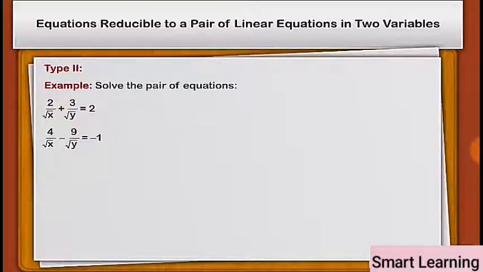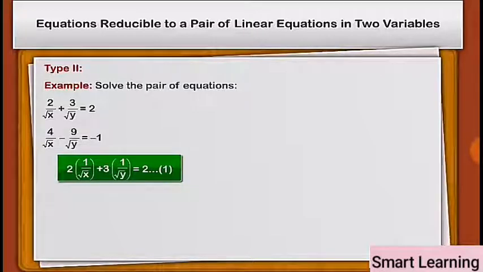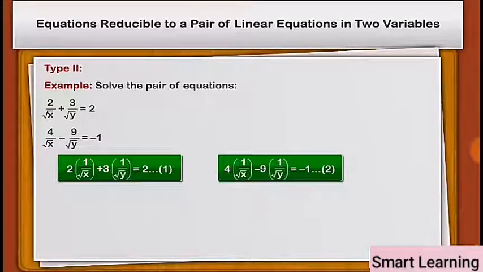Let us write the given pair of equations as 2 into 1 upon under root x plus 3 into 1 upon under root y is equal to 2. This is equation 1. 4 into 1 upon under root x minus 9 into 1 upon under root y is equal to minus 1. This is equation 2.